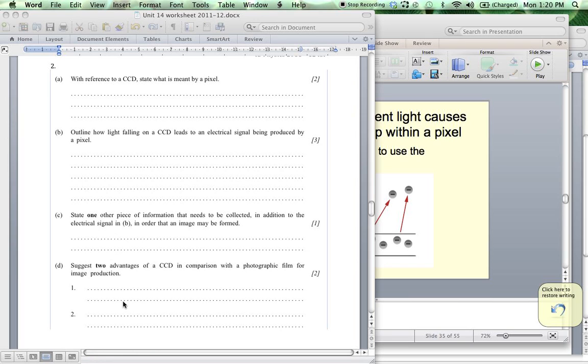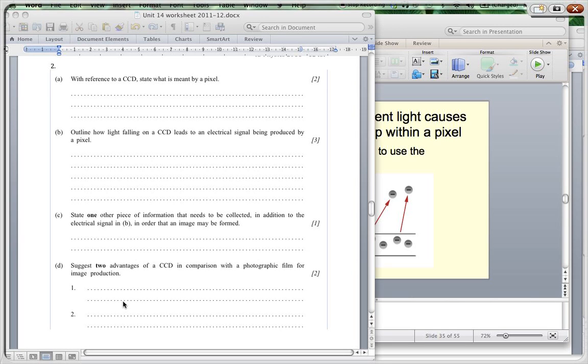Question C says, state one other piece of information that needs to be collected in addition to the electrical signal in order that the image is formed. Well, obviously the position of the pixel is needed. That's very important, so we know where that value is.